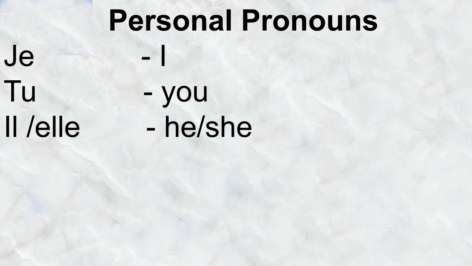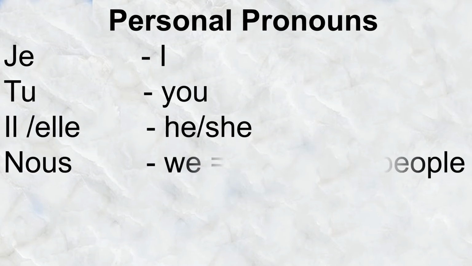So, the first one is I, je. Always think of yourself first, I. And then think about your friend, you, which is tu. And then think about the person you're talking about, he or she, il or elle. And these are the first 3, singular.